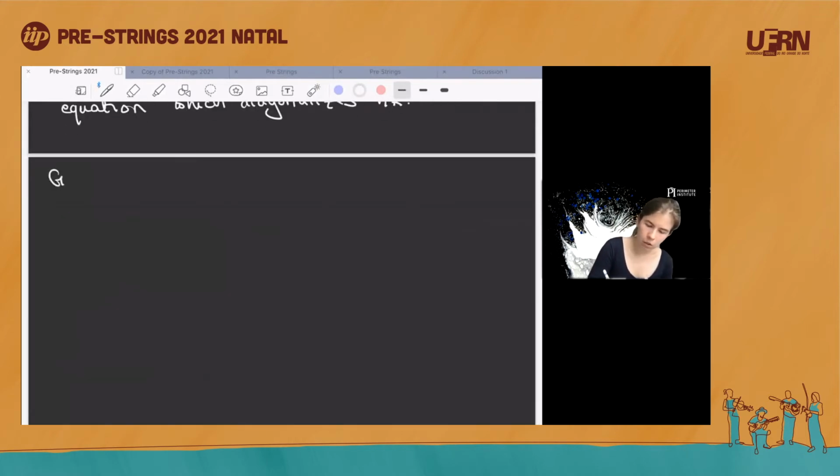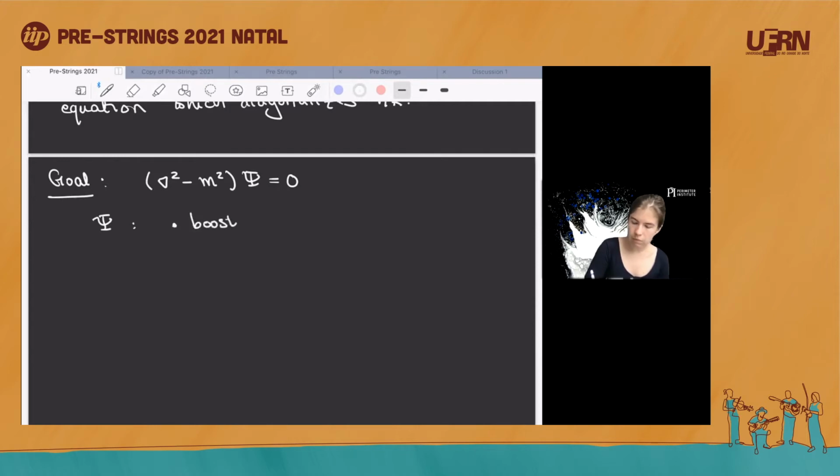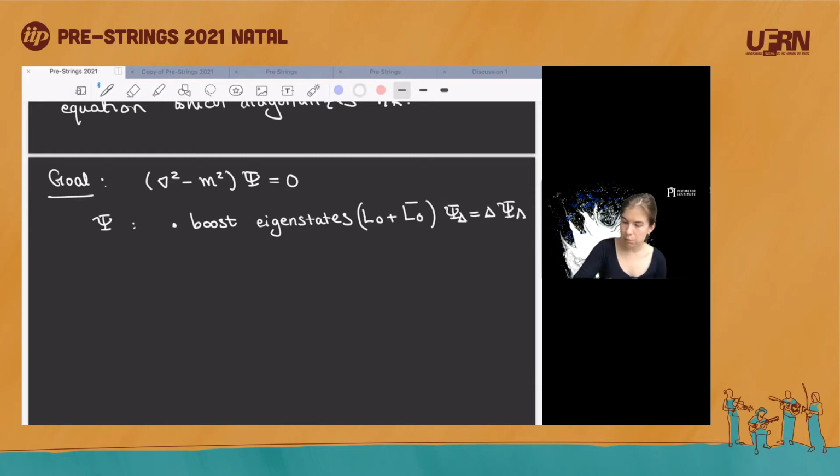So the goal now becomes the following. We want to solve the Klein-Gordon equation with functions psi which obey the following properties. They are boost eigenstates, namely, as we'll see in a moment, I'm claiming that this means the sum of L_0 and L_0 bar acting on psi_delta is equal to delta times psi_delta.